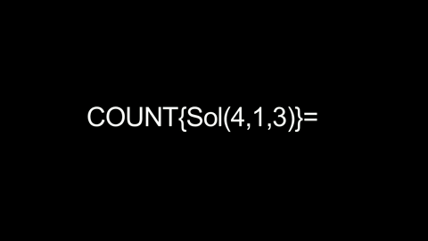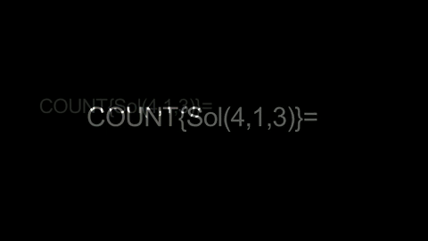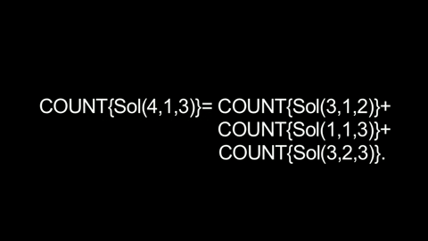So we can take the recursive equation that we had last time and put a count in front of each of the 3 terms on this side and in front of this term on this side. Okay? So we then get, and you see it on your screen right now, the following equation that says count for the n equals 4 problem, moving all 4 disks from tower 1 to tower 3, equals a sum of 3 other counts.